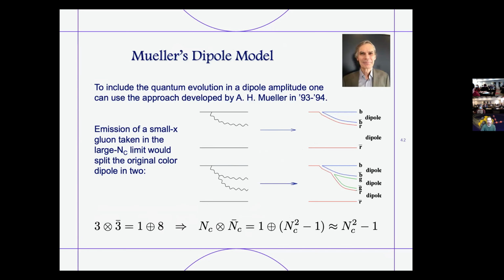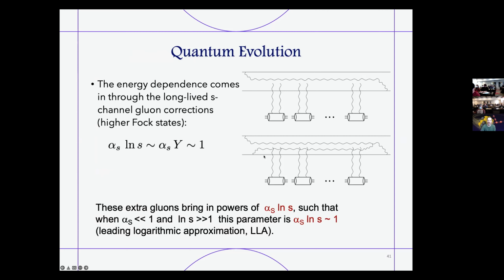Okay, one other thing I wanted to mention is that you don't have those emissions when the dipole goes through the nucleus, because everything I drew here is not really drawn to scale. Remember, I told you that the dipole is produced by the virtual photon way before scattering on the nucleus. So there is a time scale separation: it takes the dipole a long time to develop all those gluons.